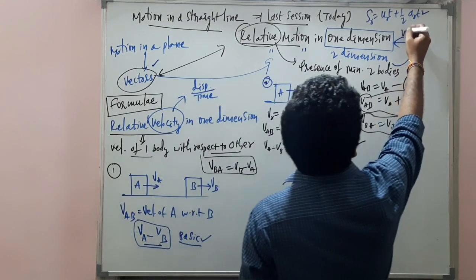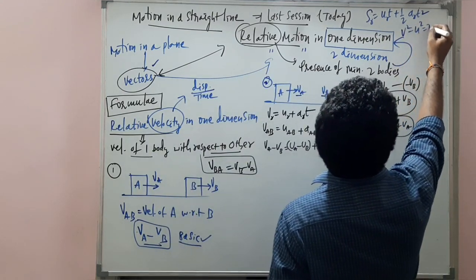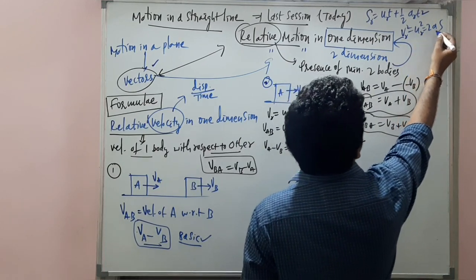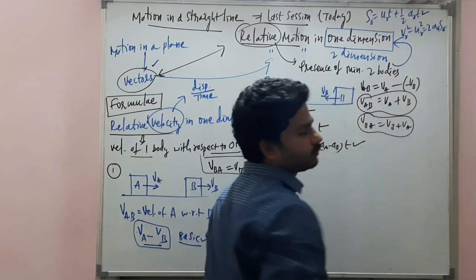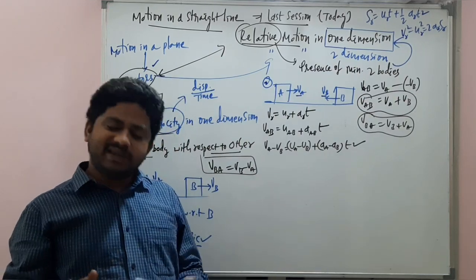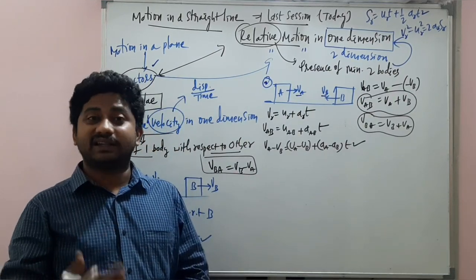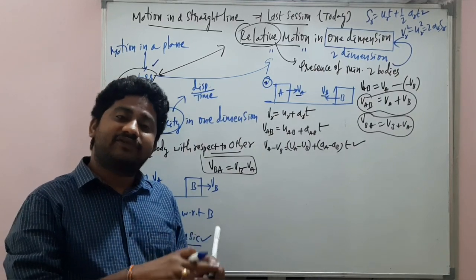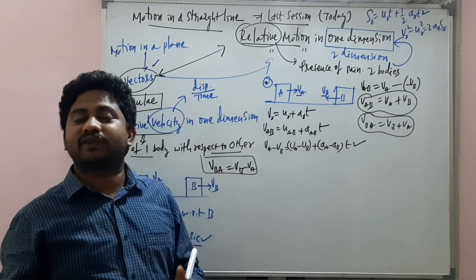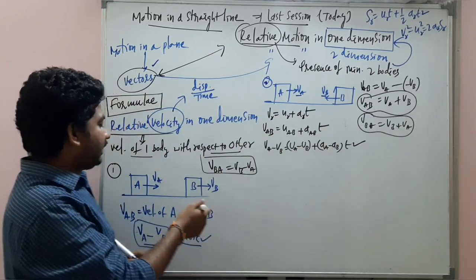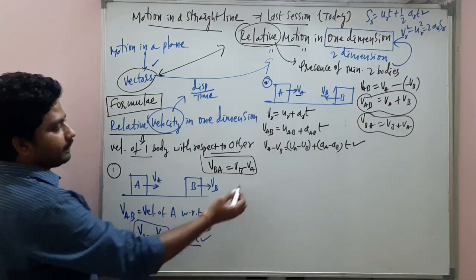Then we have v square minus u square is equal to 2as. Let's apply relative motion for this also. Relative motion is not only for velocity. Majorly we discuss relative velocity, because most of the time the questions are asked from the relative velocity part of relative motion. That's why we majorly discuss relative velocity, and that's why these formulas.